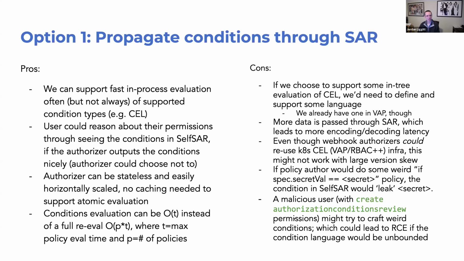Right. As soon as you make conditions, if a remote authorizer returns conditions that Cube needs to evaluate, for that to work with the way we do delegated authorization, it has to flow through subject access review.